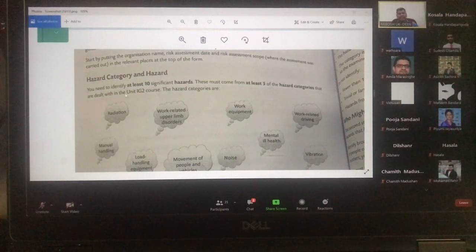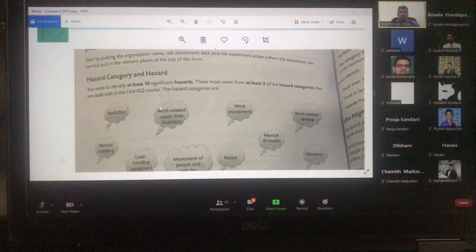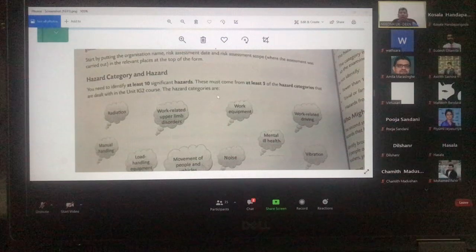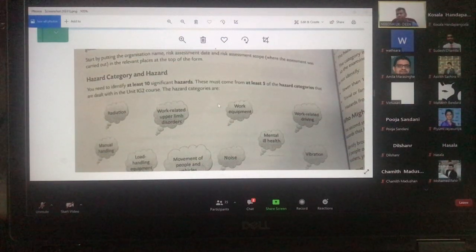See, it clearly says hazard category and hazard. You need to identify at least 10 significant hazards. This must come from at least 5 of the above hazard categories that are dealt with in the IG2 course. Hazard categories are, see, everybody can see the screen?